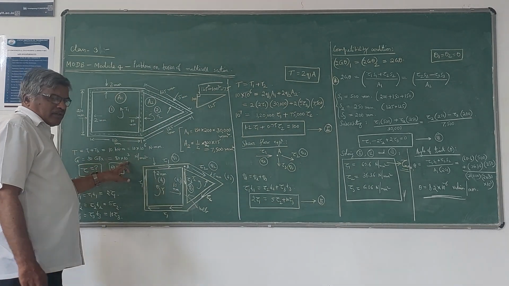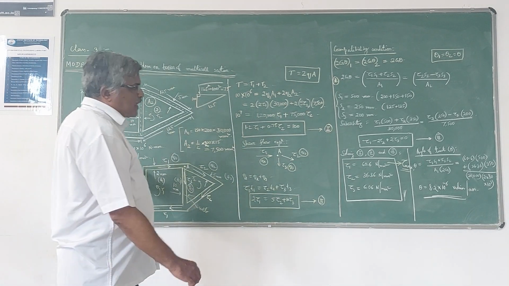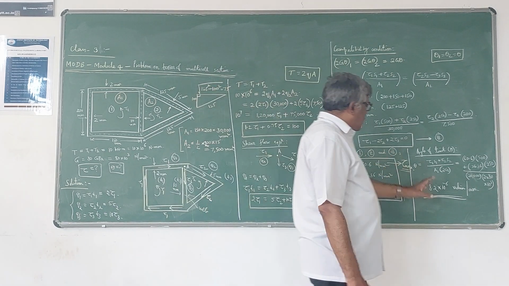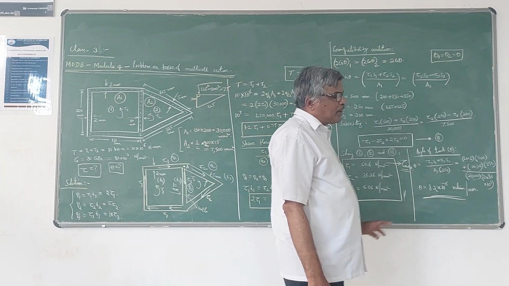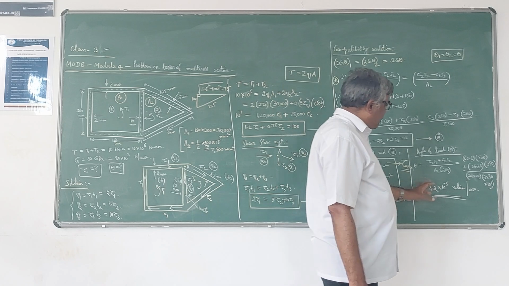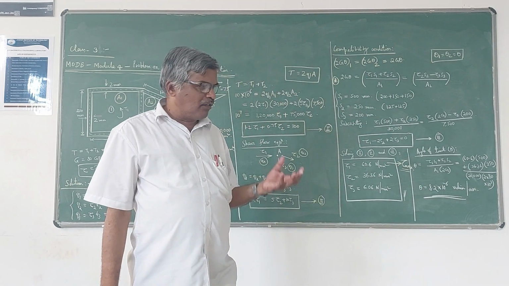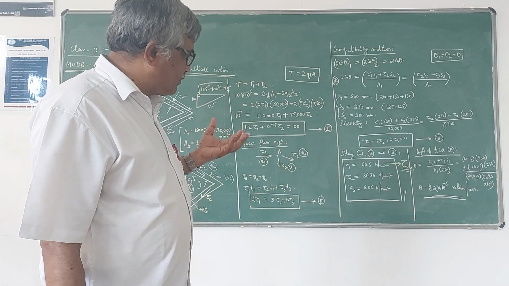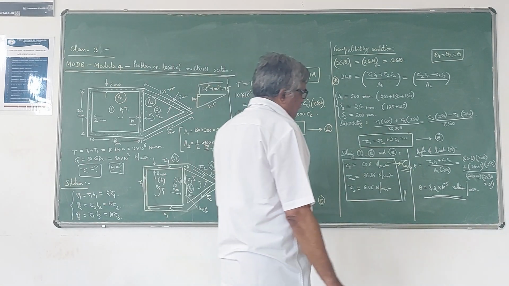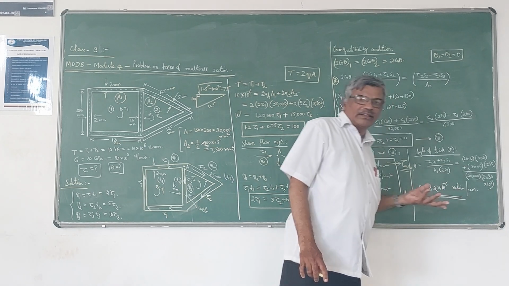If you simplify this, you will get the angle of twist per unit length as 8.10 into 10 power minus 6 radian per millimeter.